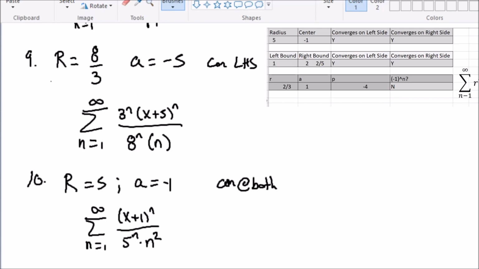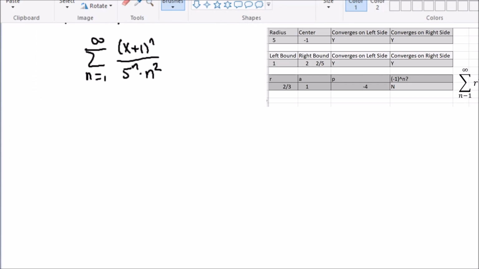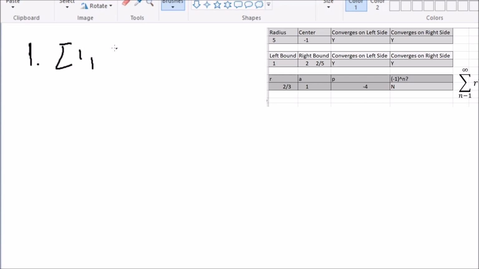Okay, great. Now, let's see instead if we're given the bounds. All right. So now problem number 1, we'll just use this one. It looks like my interval is from 1 to 2 2/5. Converges at both endpoints. So I need to find the center and radius. So first, I'm going to convert this.